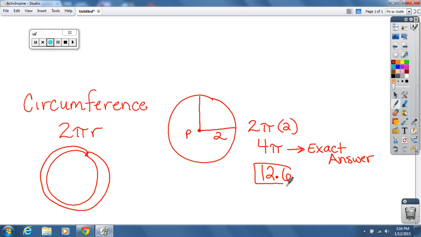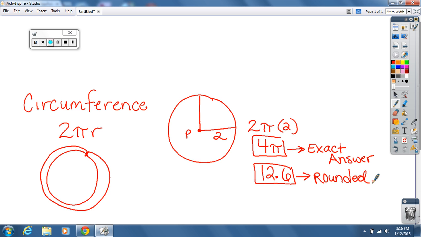So these two answers are equivalent. One is exact and one is rounded. You know that pi goes on forever. So if I truncate it in my calculator and stop at the 10th, then I've rounded that. I've stopped it, so it no longer is exact.